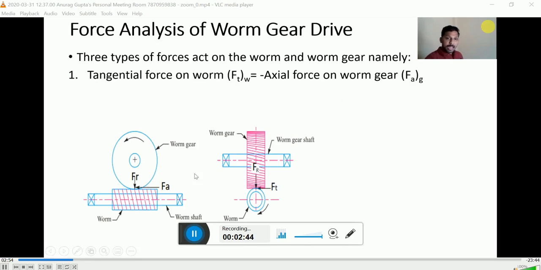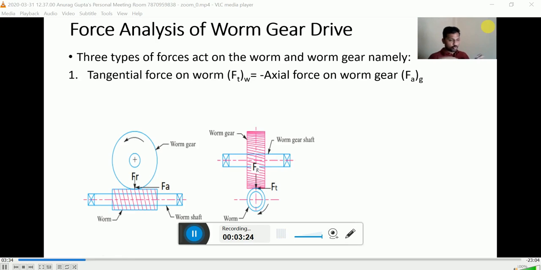That means the tangential force which is acting over the worm, that is, this force is equal to the axial force on the gear. If we see this Ft is tangent to the worm, but if you see the axis of the gear is this, so this Ft is having an equal amount of force in the direction of axis or parallel to the axis of the worm gear, but these forces must be in opposite direction.